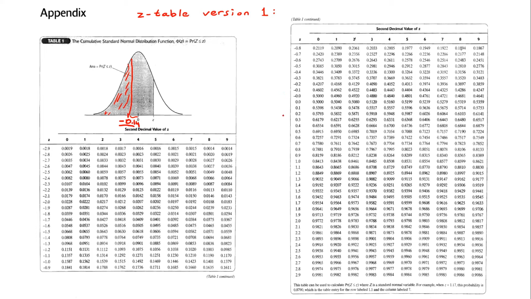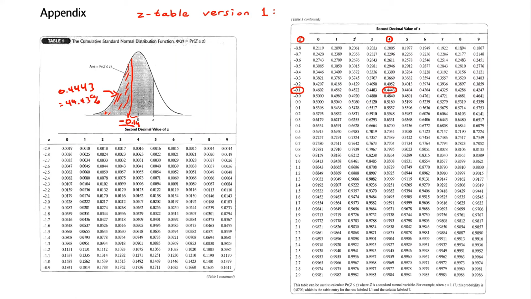Okay, so if we go to this z column, our first two digits would be negative 0.1, and the third digit is 4, so we have negative 0.14, and we find that the probability is 0.4443, which is 44.43%.